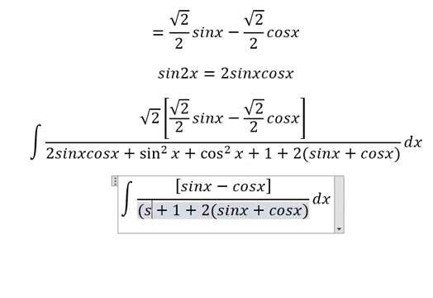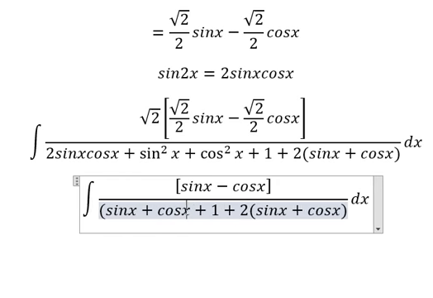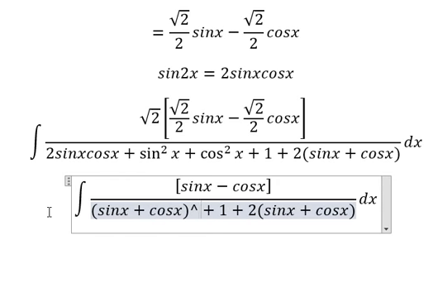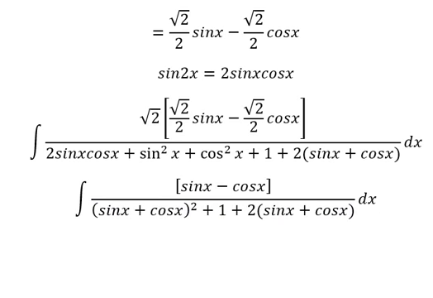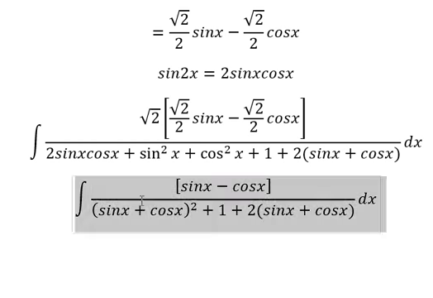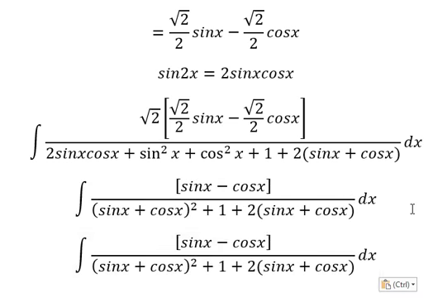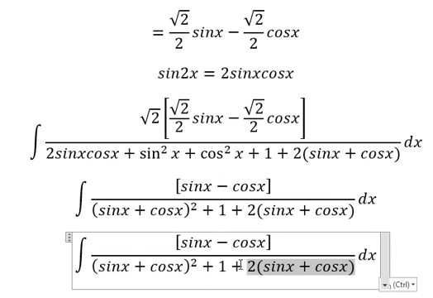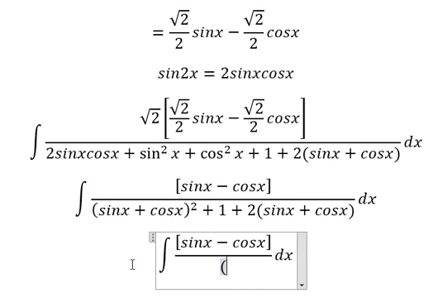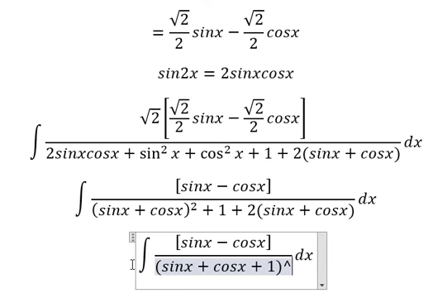We can write it as sine x plus cosine x, everything to the power of 2. Next, we have A squared plus 2AB plus B squared, and this is another identity. So we can write it like this: sine x plus cosine x plus 1, everything to the power of 2.